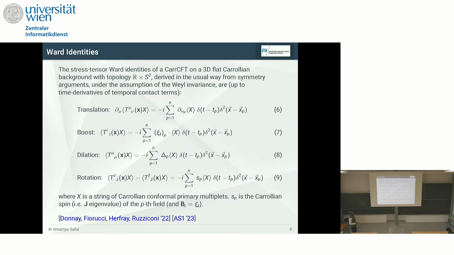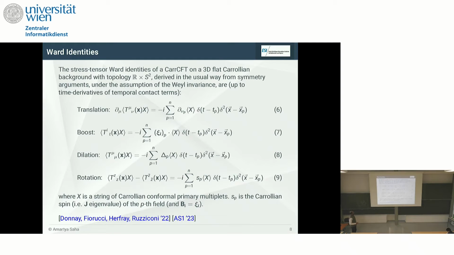Here Δ_p is the Carrollian scaling dimension, S_p is the Carrollian SO(2) spin, and ψ is the representation of the Carrollian boost matrix. When ψ is a matrix representation, it is usually reducible but indecomposable.